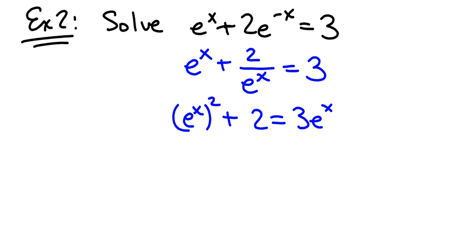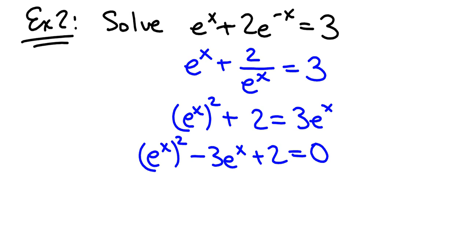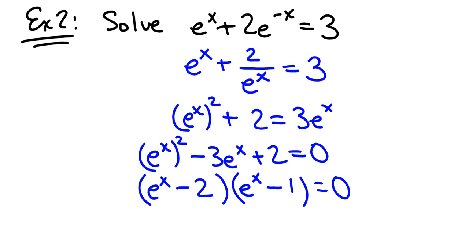Well, this sort of looks like a quadratic, and in fact it is. It's a quadratic where instead of an x squared, you've got an e to the x squared. And so this factors exactly the way you'd imagine. And so you end up with two answers.